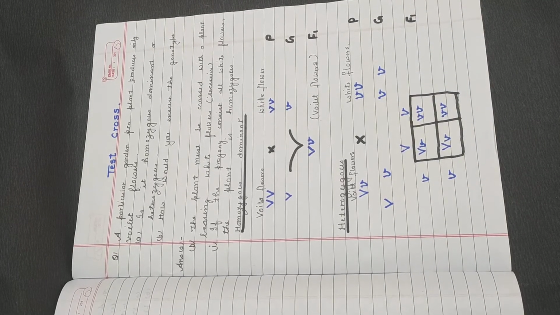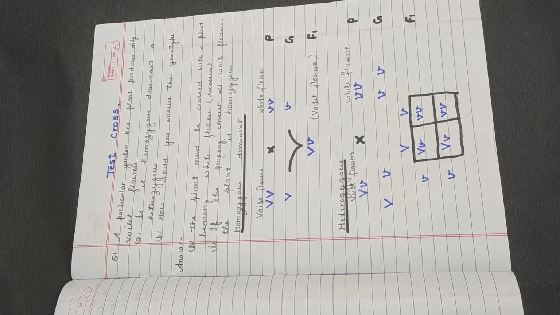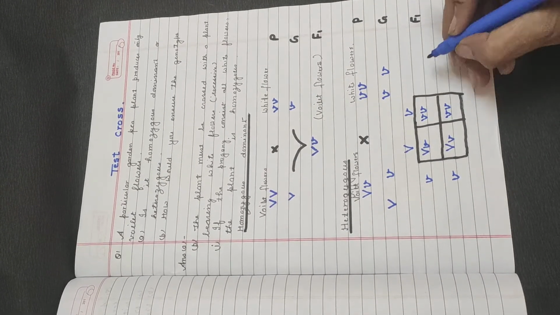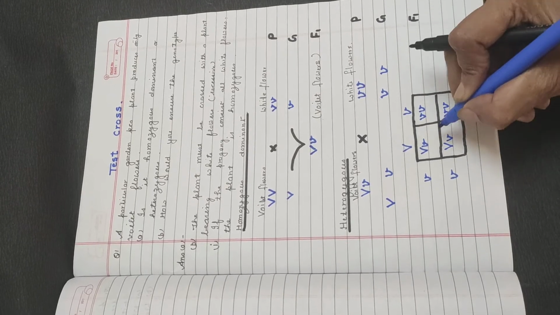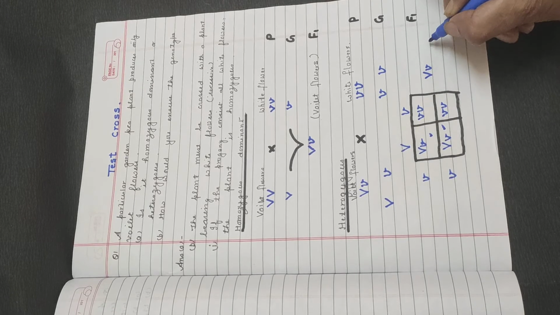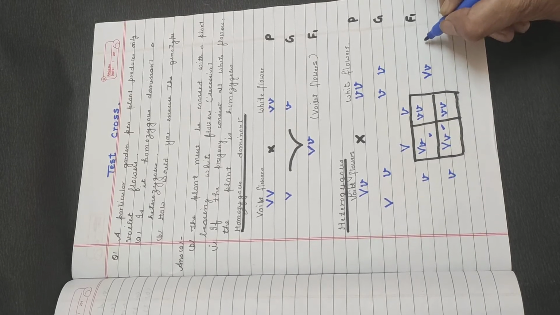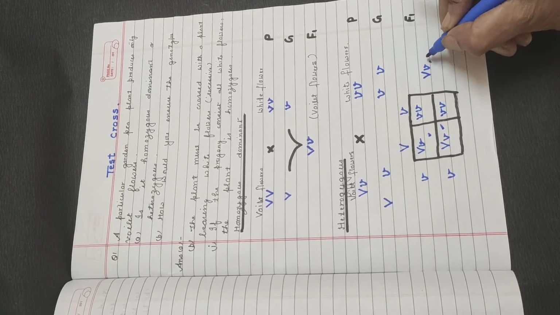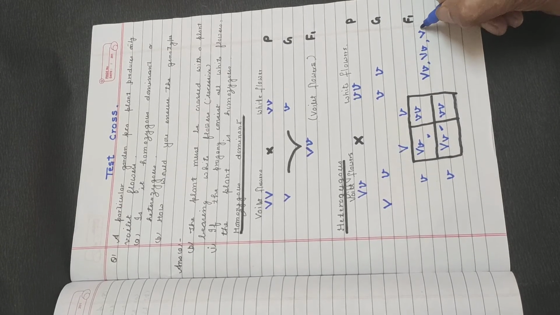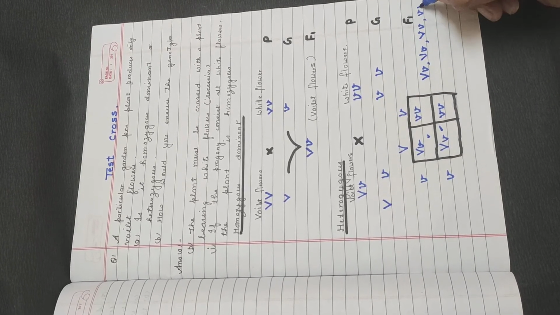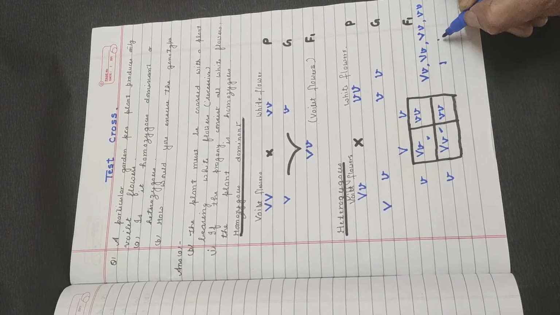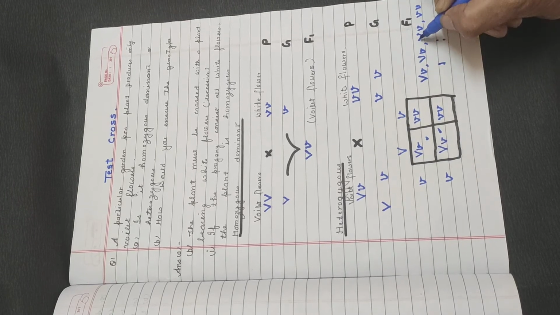So, what will be your answer? The parents, this and this, are the same. So, capital V and small v, and we can write all also: capital V small v, small v small v, small v small v. So it will be 50%. It is in the ratio of 1:1.